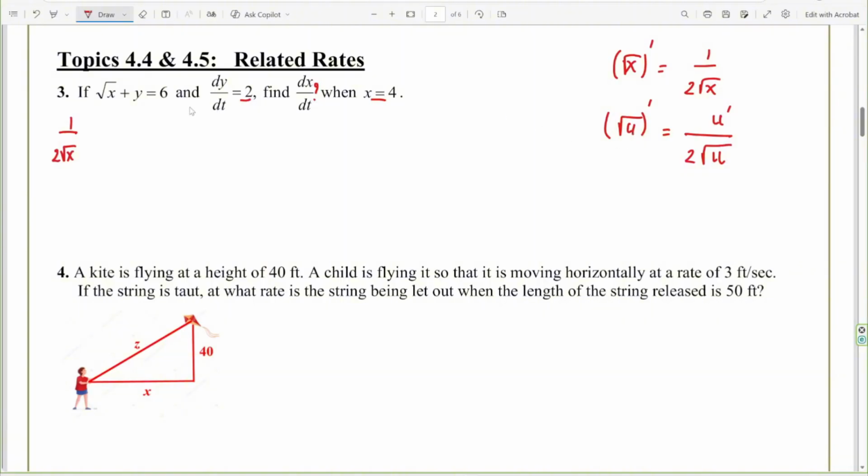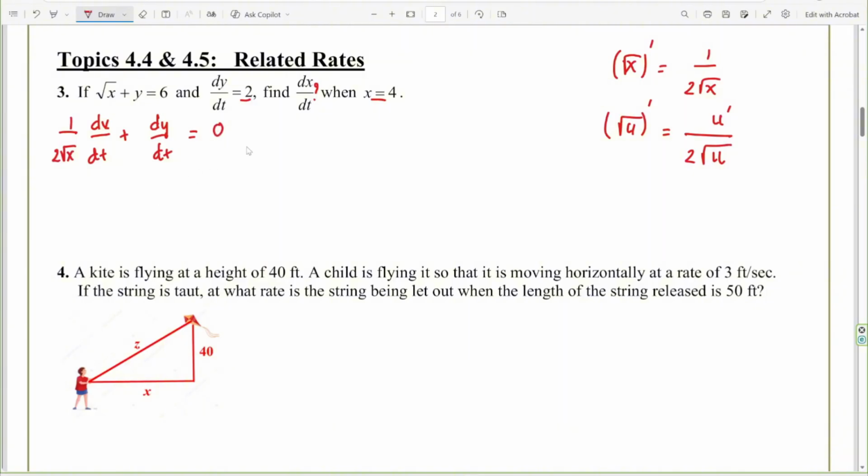So keep that in mind. So this guy turns out to be dx/dt, right? Now, plus the derivative of y is going to be 1, so dy/dt, right? Equals the derivative of 6, which is 0, right?